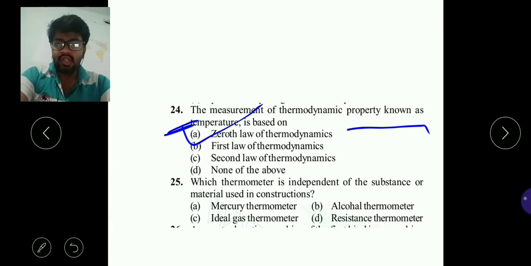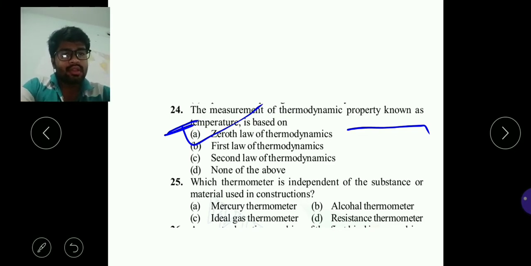The second law of thermodynamics is about entropy, and the third law of thermodynamics tells about absolute zero temperature.